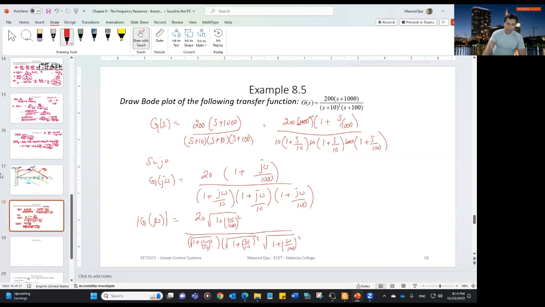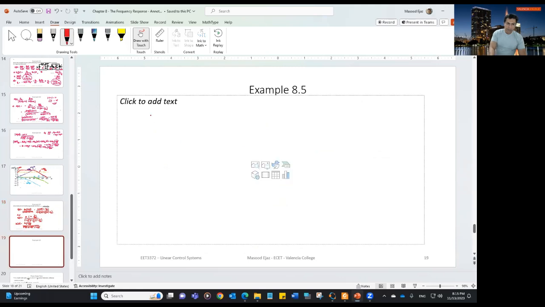And go to the next page. Now you're going to put G of j omega in decibels, 20 log 10 of each.